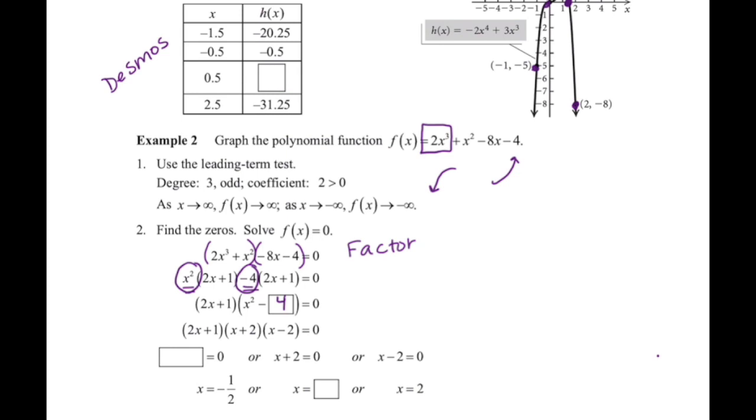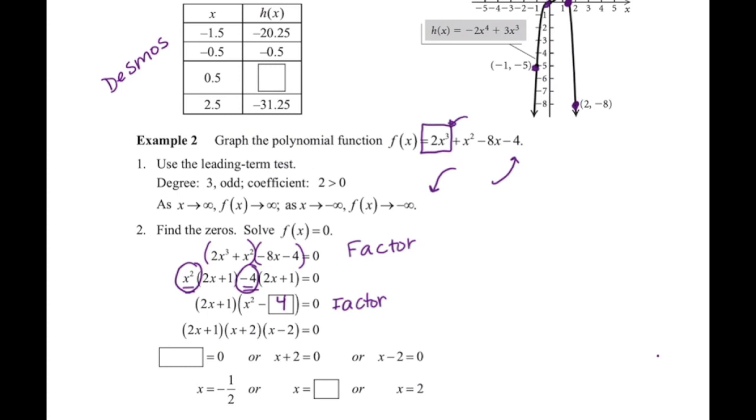I can factor again. I can factor x squared minus 4 using the difference of perfect squares. The difference of perfect squares provides me with x plus 2 and x minus 2. Notice that our power is 3, and we ended up with 3 different factors so that we have 3 real number solutions.